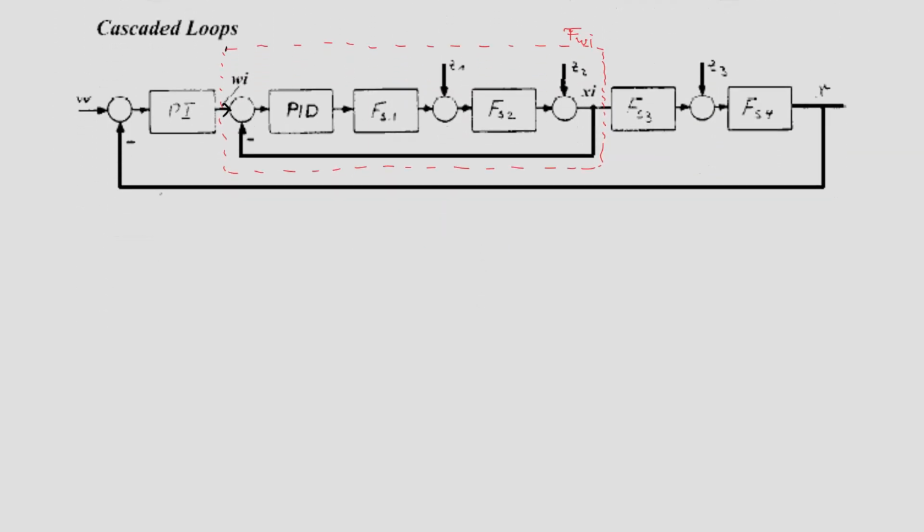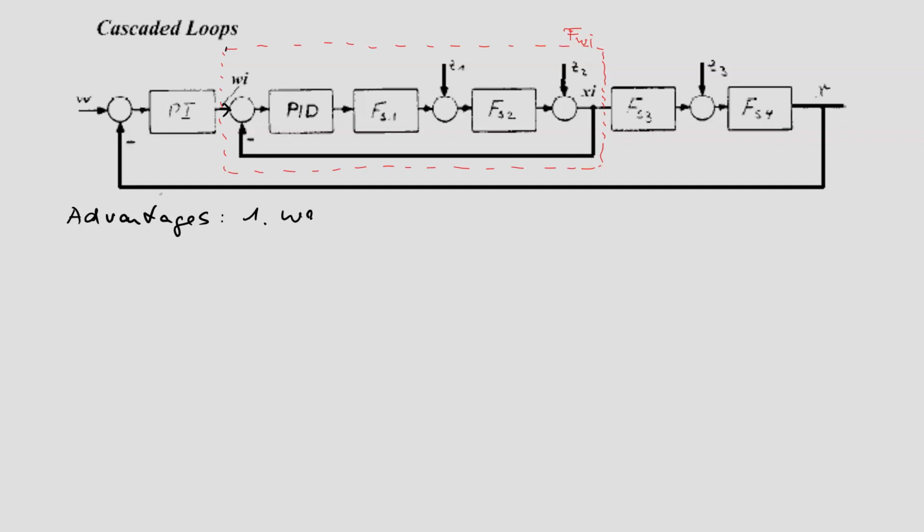So, advantages. As I have mentioned, first, the way to compensate Z2 is shorter than in a single loop system.